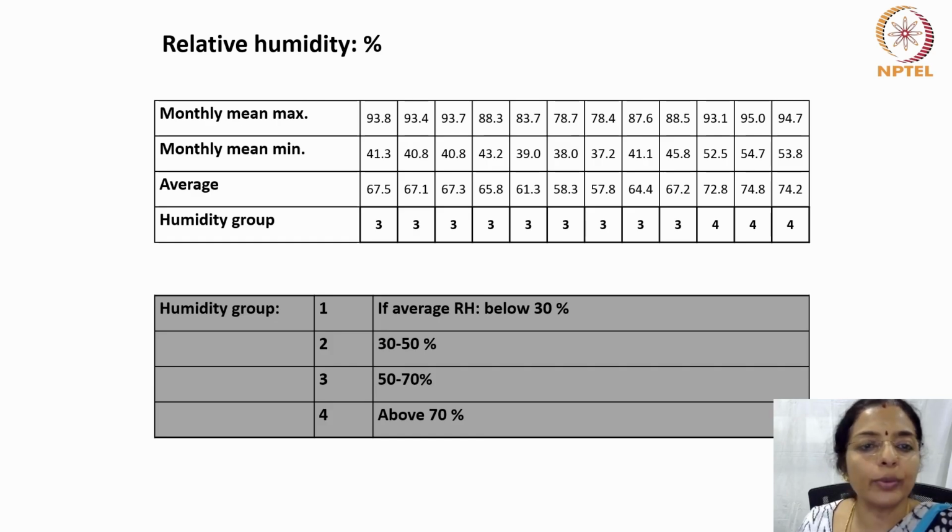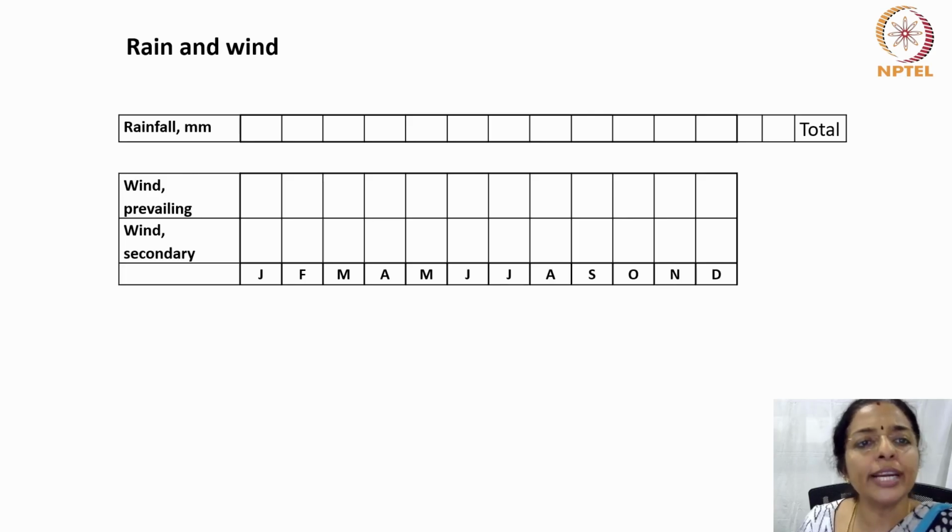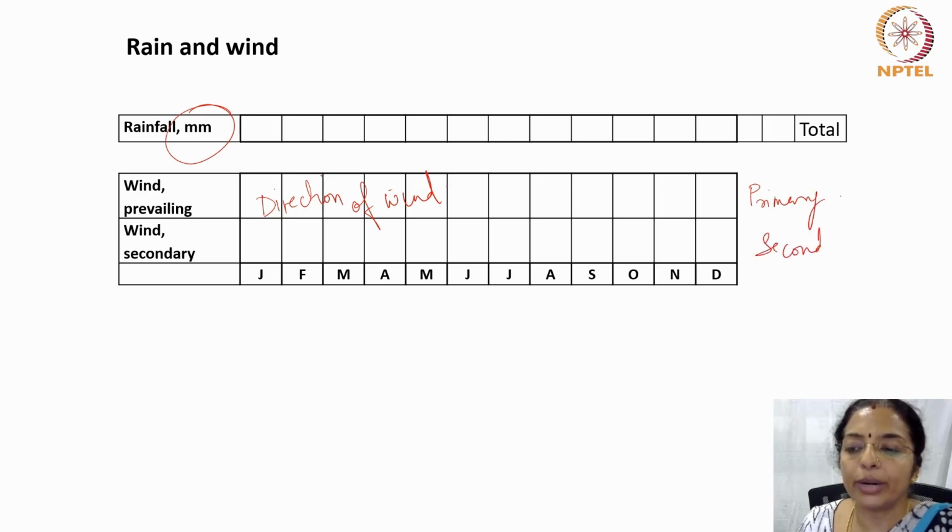Next, what will happen? You need to enter the rainfall and wind. Now, rainfall must be entered only in millimeters, and wind here we are going to feed in direction of wind for all the 12 months of the year. We will feed in the primary wind direction and the secondary wind direction.